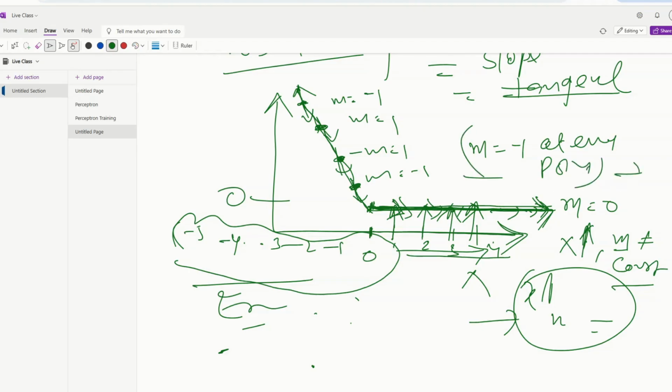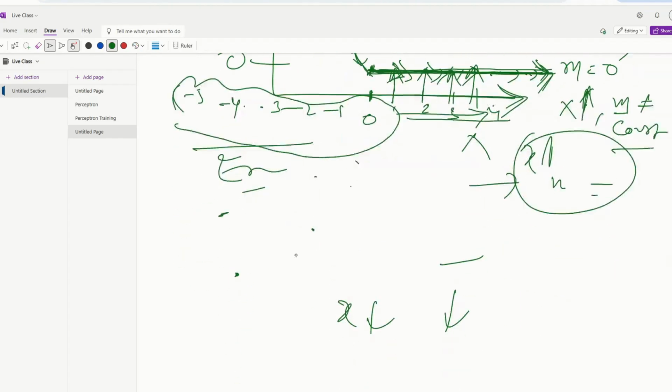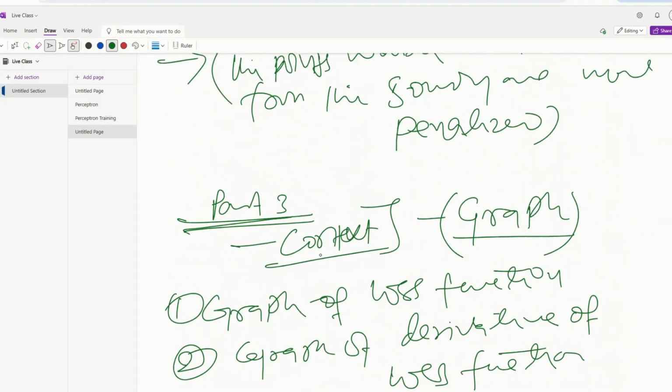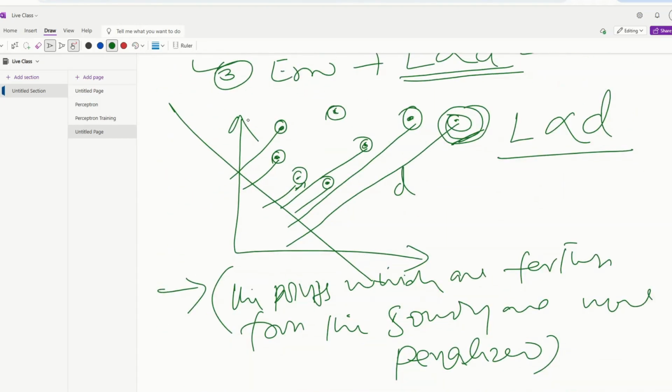So what do you mean by that? It means that though your points are very far away from my boundary, when I calculate for all the points, the slope or derivative comes out as constant -1. So while calculating the derivative, or gradient descent, in the case of the perceptron loss function, it does not matter how far the points are.